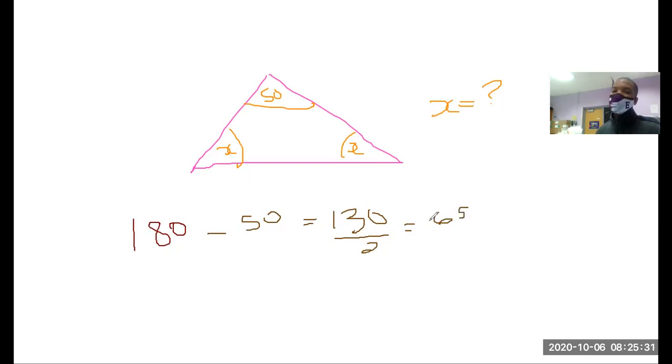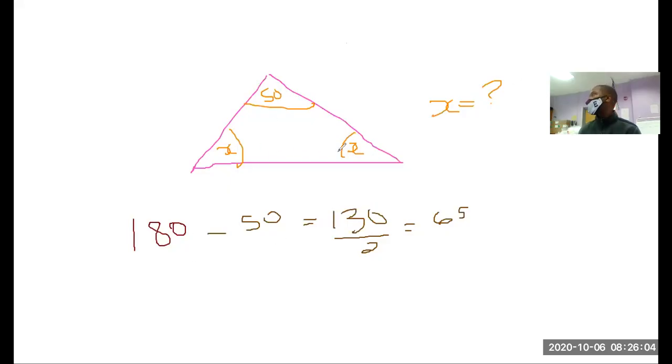I am interested to know if there's anyone that could tell me how you write this in equation form, in terms of something x plus something equals something. How would you write this in equation form? Let me give us a hint.